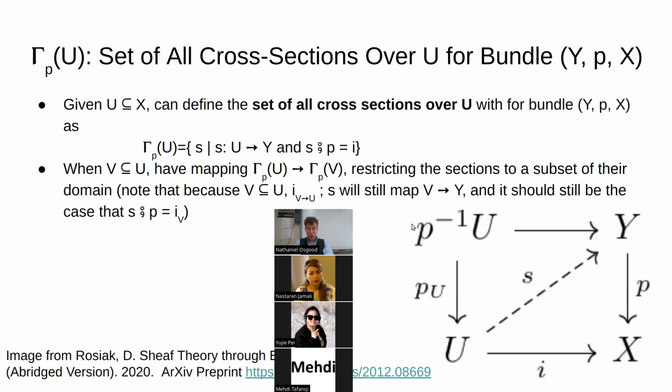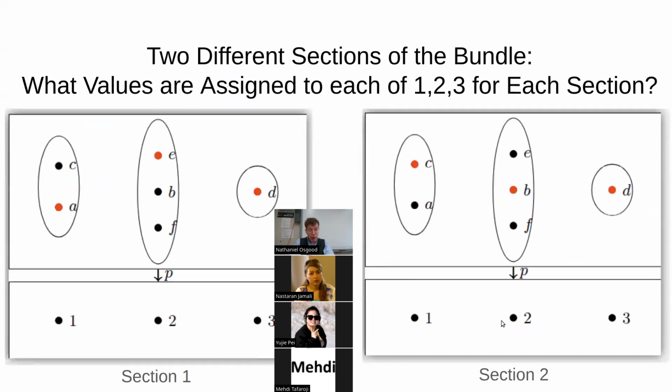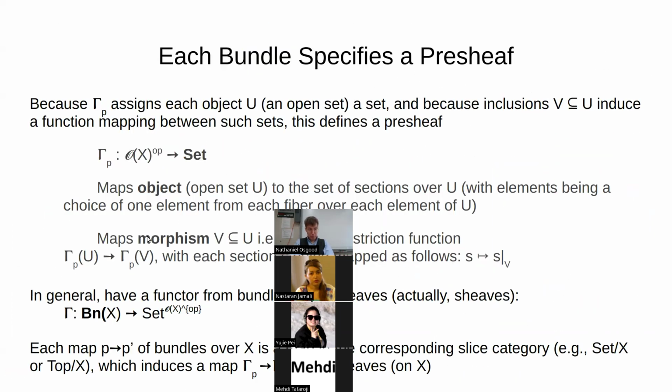These assignments give a value for each thing in the base, and each morphism V arrow U, meaning V is a subset of U, gets turned into a restriction map from the sections over U to the sections over V, right? That restricts down the sections over U to the sections over V.